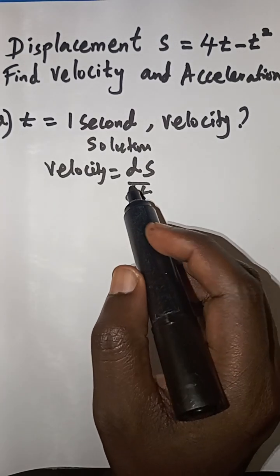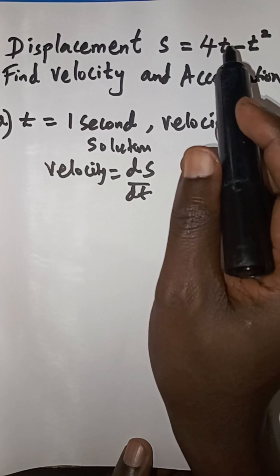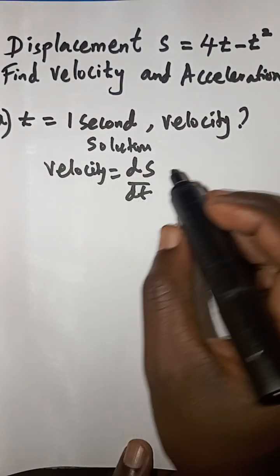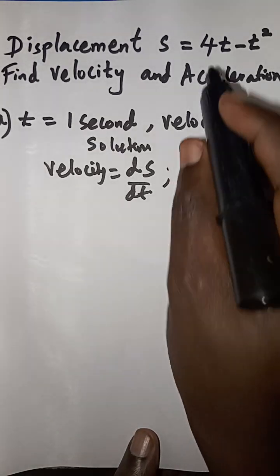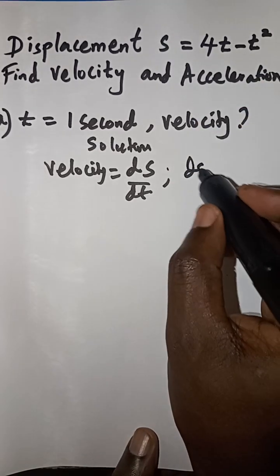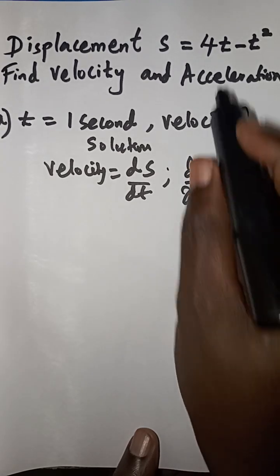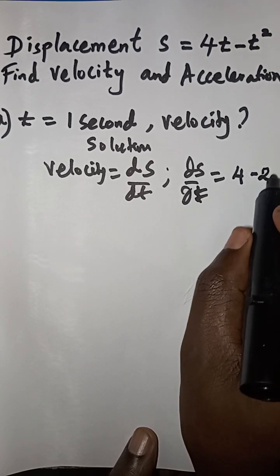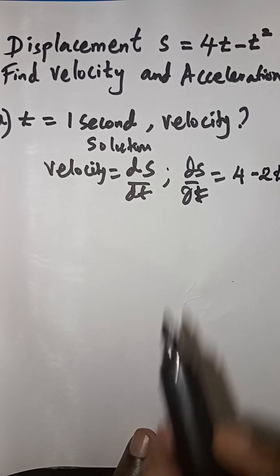For our case, the displacement is given as 4t minus t squared. So to find v, or velocity, if I find ds/dt of this equation, I'm going to get 4 minus 2t.